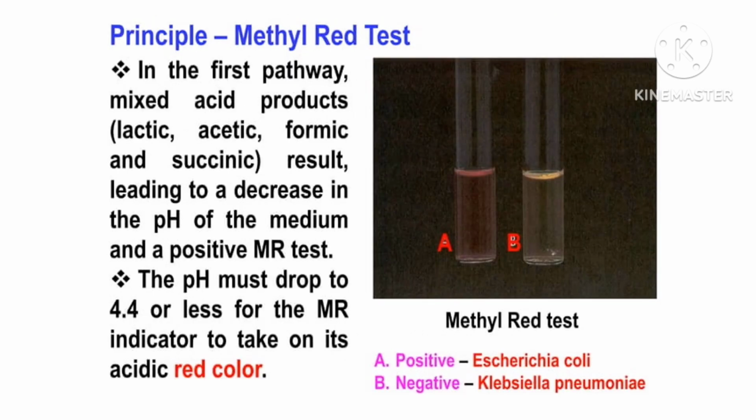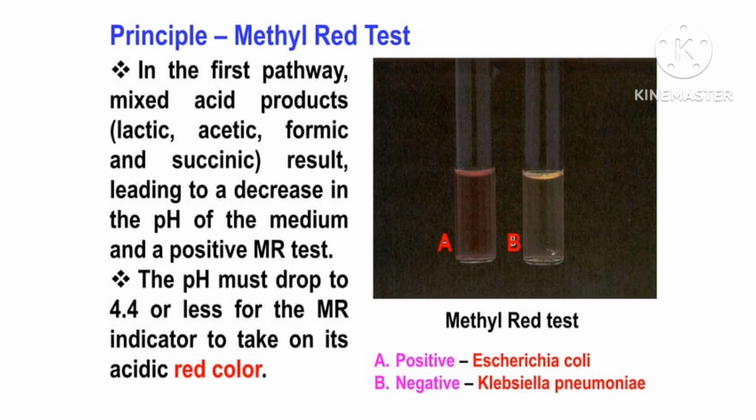The principle of the methyl red test or MR test. The first pathway we have seen, the mixed acid products, that is lactic, acetic, formic and succinic acids, results in a decrease in the pH of the medium, that is less than 4.4, which gives a positive methyl red test.